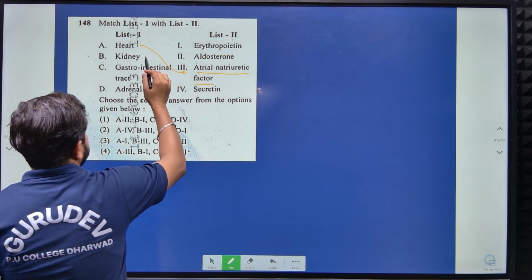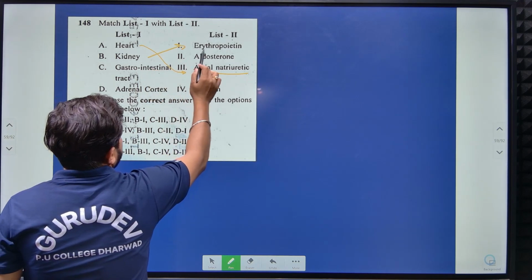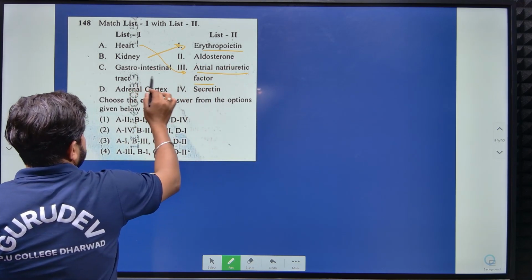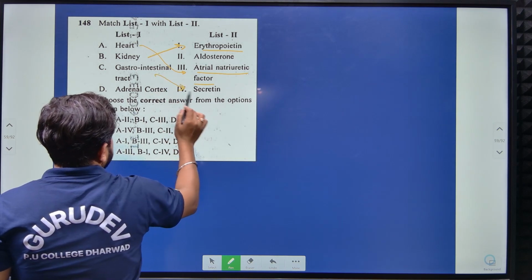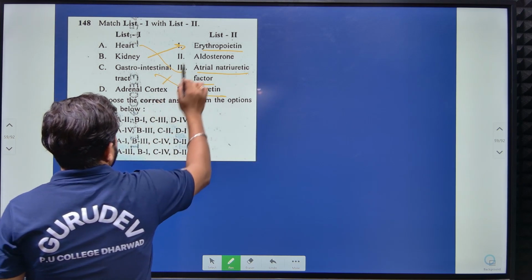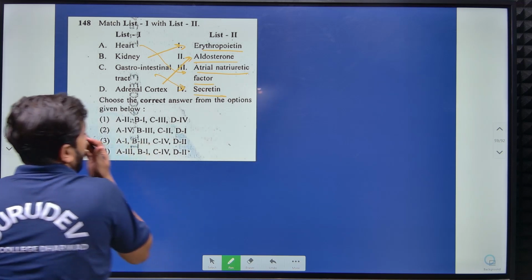Kidney is related to erythropoietin. Gastrointestinal tract is related to secretin, and adrenal cortex is related to aldosterone.